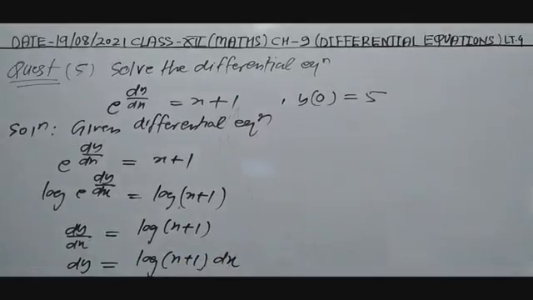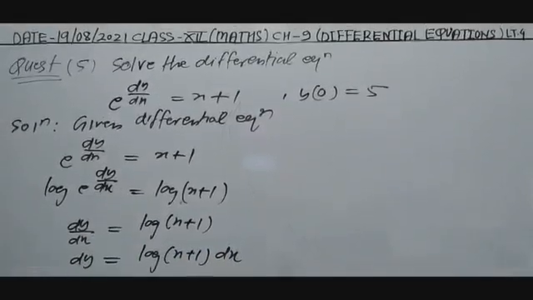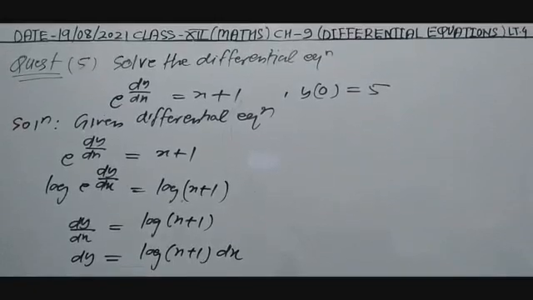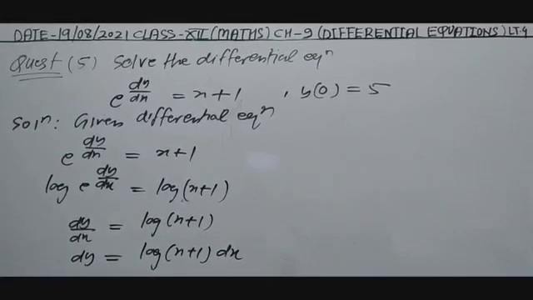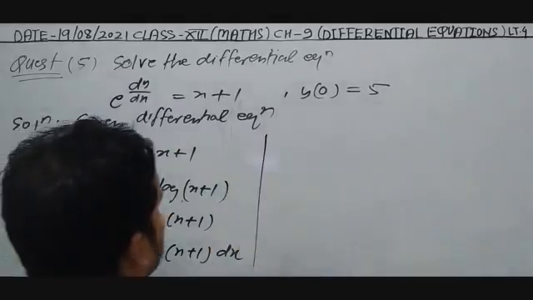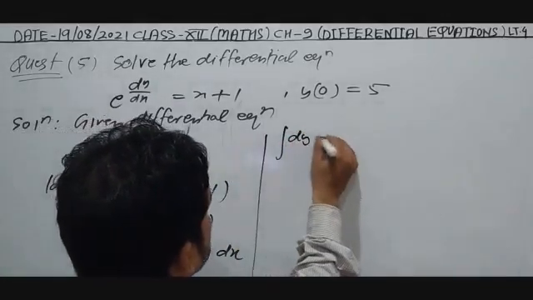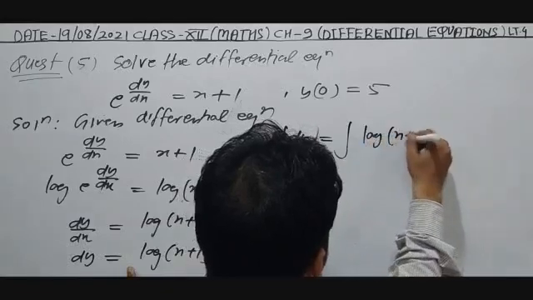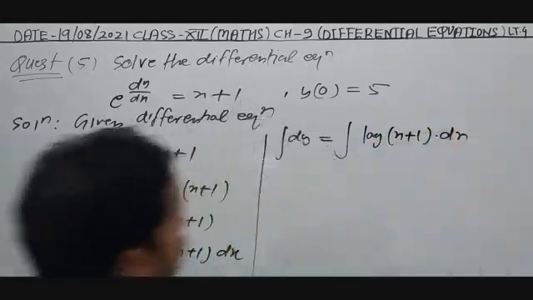Now operate integration sign on both the sides. Now what will be the result? The result will be integration of dy is equal to integration of log of x plus 1 dx.